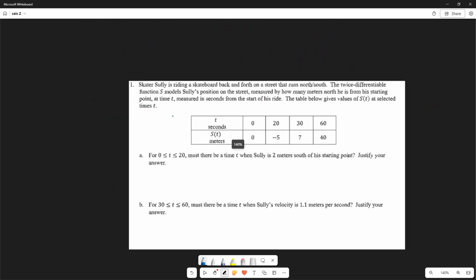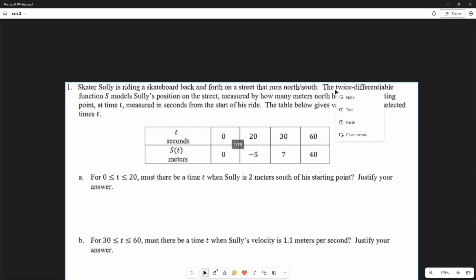First question: Skater Sully is riding a skateboard back and forth on a street that runs north and south. The twice differentiable function s, and I'm going to highlight this, models Sully's position on the street, measured by how many meters north he is from his starting point at time t, measured in seconds from the start of his ride. The table below gives values of s of t at selected times t.